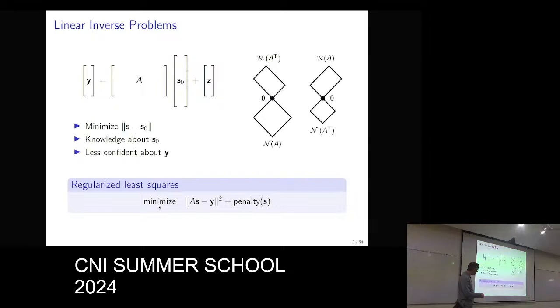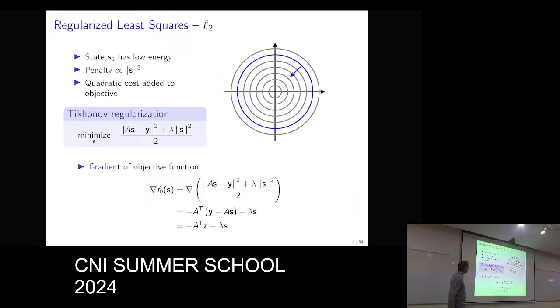And then in this minimization problem, so the minimization is over both the left term and the right term, we'll have a penalty term that is going to try to capture the information that I have about the structure of S. So the easiest way to do that is to have a penalty that's a square penalty. So as a toy problem you can think of, I want a solution to this linear inverse problem, but I also know that the energy of the signal cannot be too big.